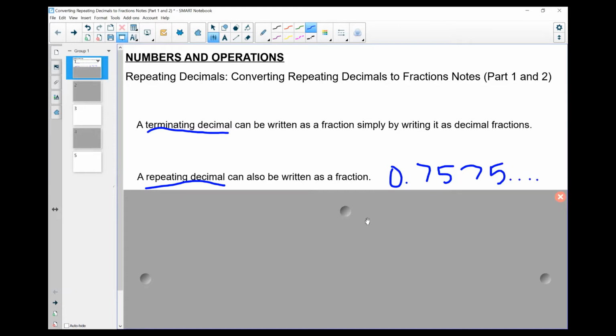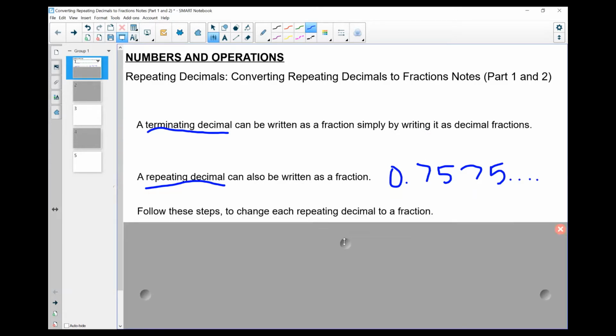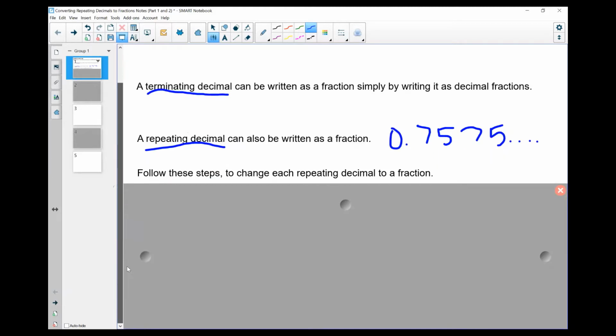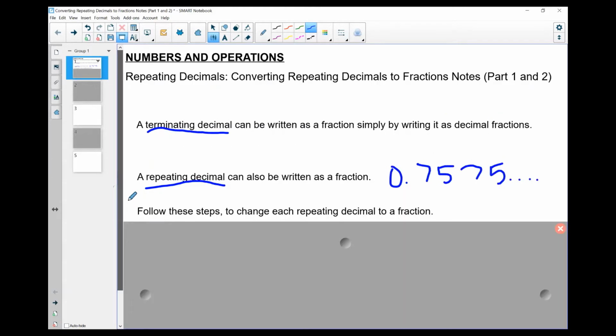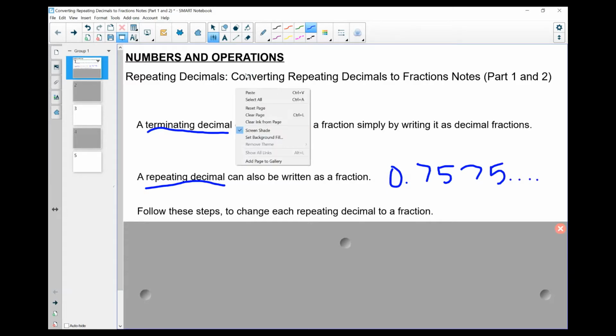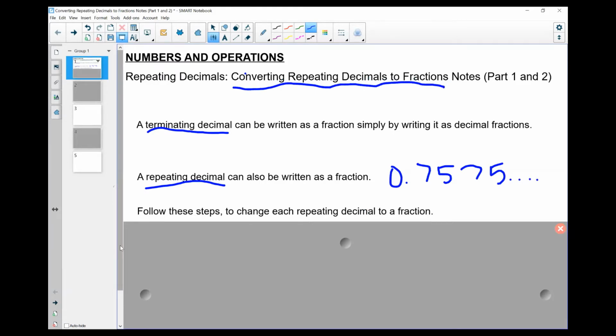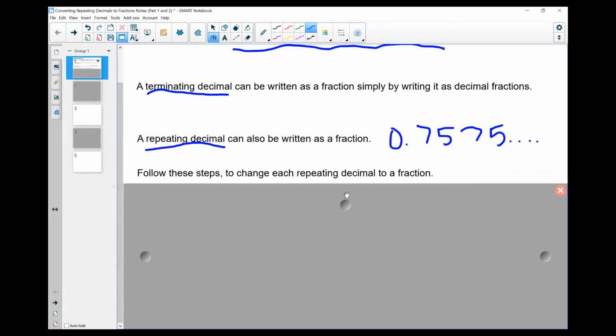This is your repeating decimal. Now, here is today's lesson right here. In order to convert a repeating decimal to fractions, we are going to do these following steps here.